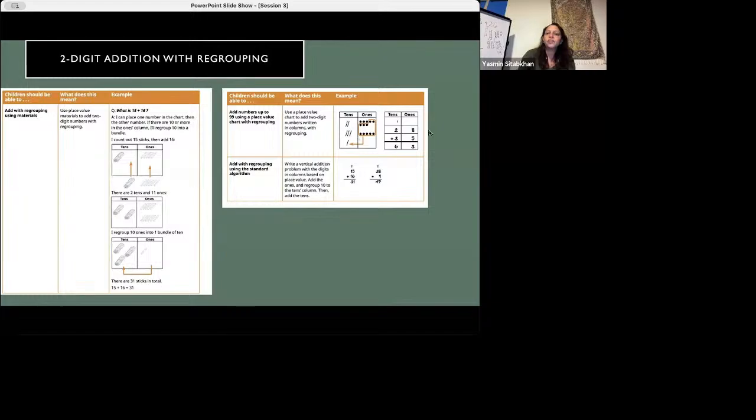Then you move to the support of the chart, maybe drawing these types of pictures, whether it's this, or here they just use sticks and dots. Whatever you end up using, you move to the pictorial, and then finally you get to this, add with regrouping using the standard algorithm. And again, so many teachers go straight to this last line.